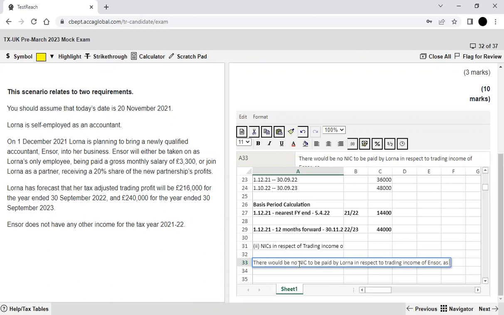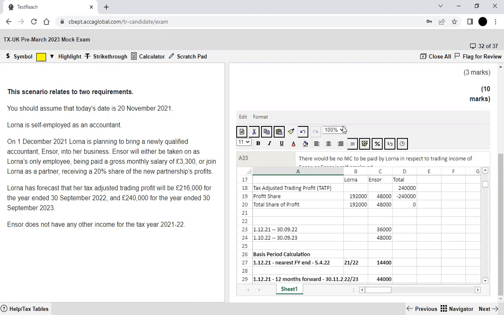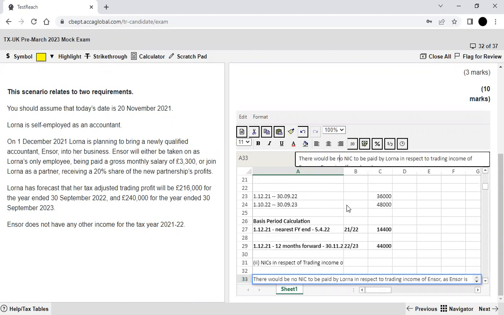Why is that so? First of all, there would be no NIC to be paid by Lorna, right?